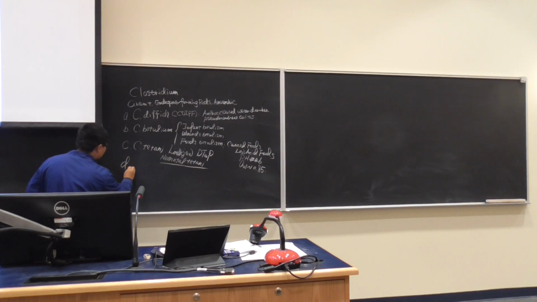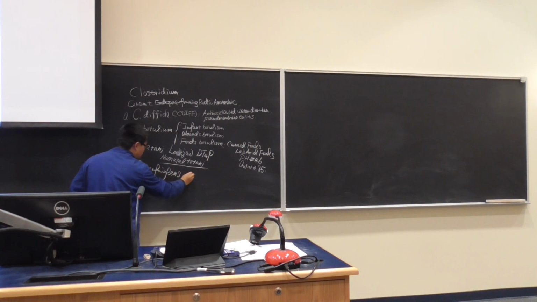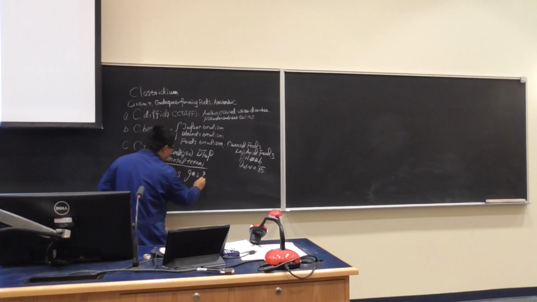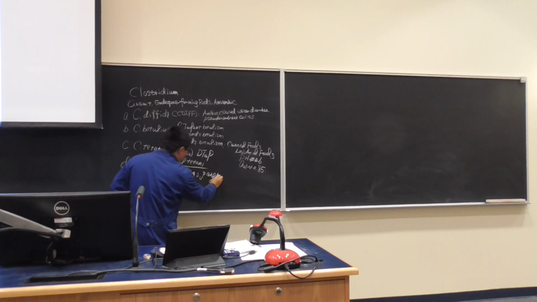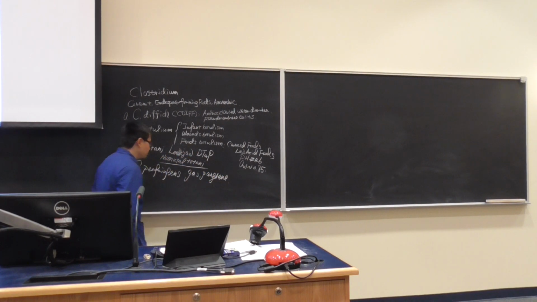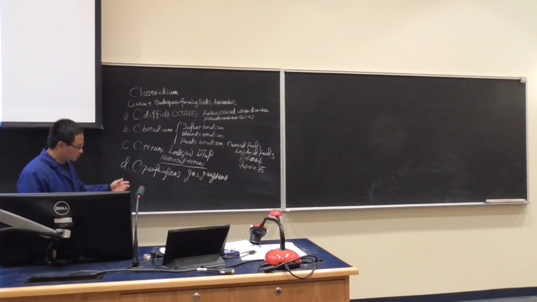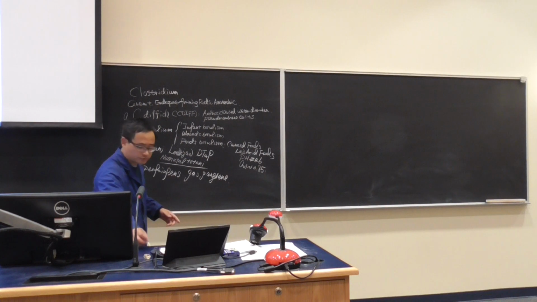The last one, Clostridium perfringens, will cause gas gangrene. This is a typical symptom, and there is a way to do a little bit of rapid testing from the clinical standpoint.